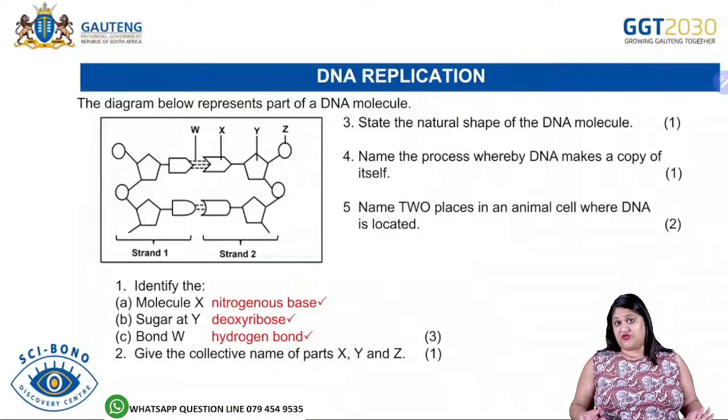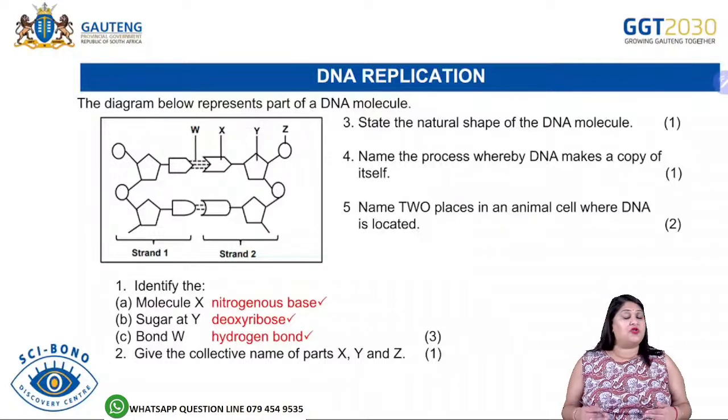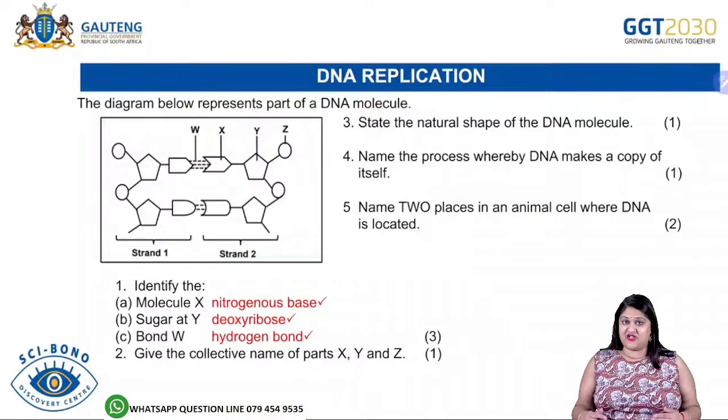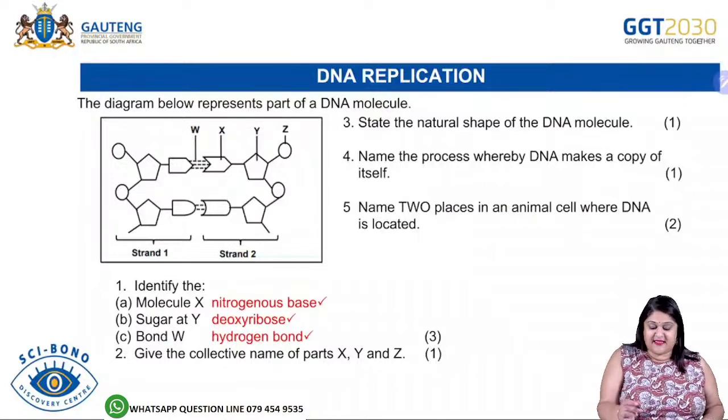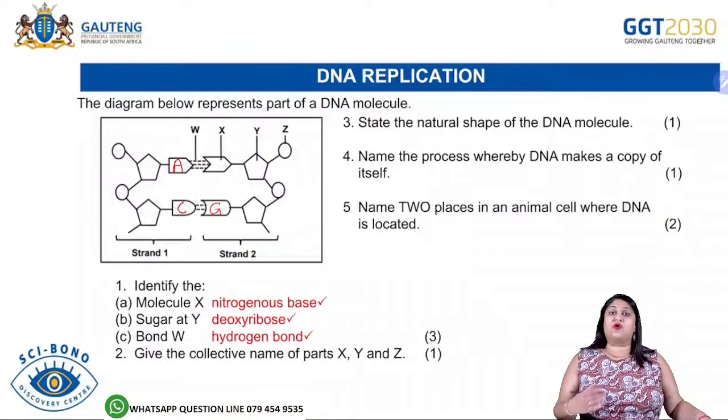I really want you to take note of that, because some of the textbooks have it like that, and then the learners think that those are the actual shapes. Those are not the actual shapes, it's just a representation. So you cannot learn it like that. The only way for you to know is that if it was labeled here, say for example, this is cytosine and this is guanine, and then this is adenine, then you would know that that is thymine because of the pairing, not because of the shapes.